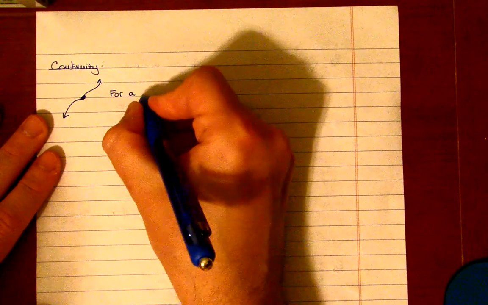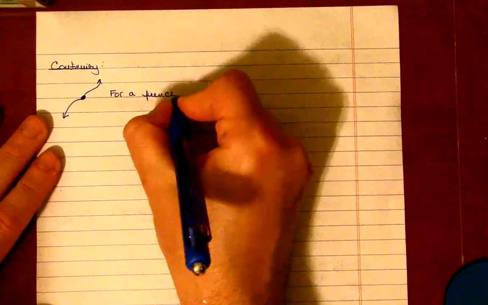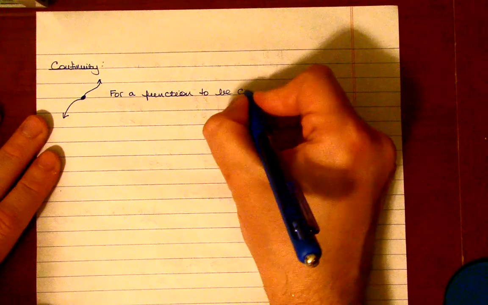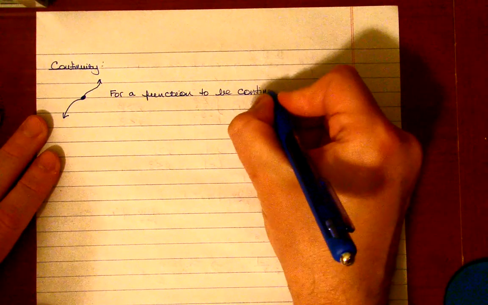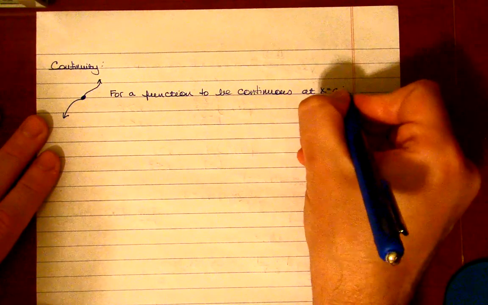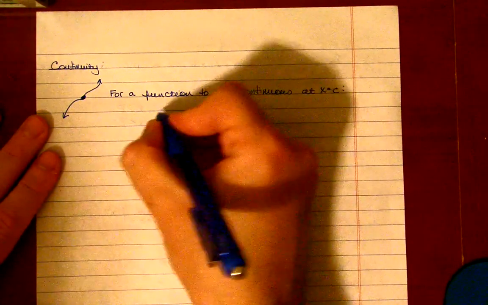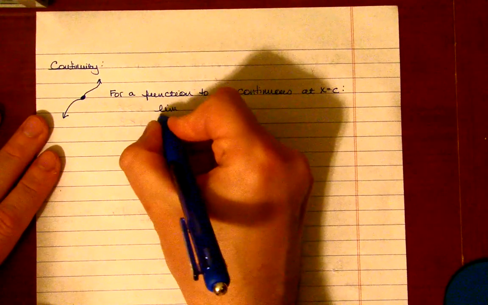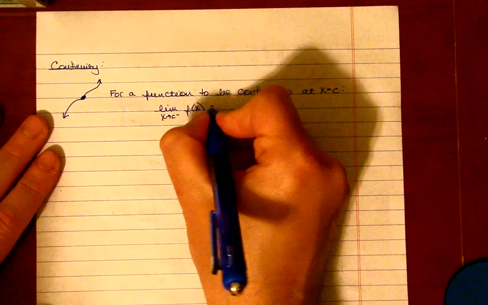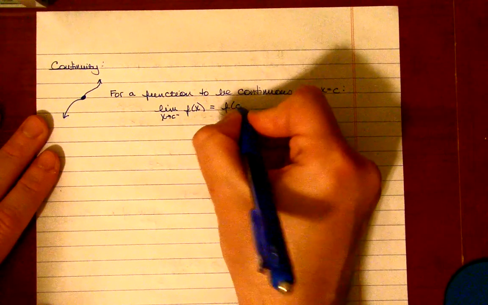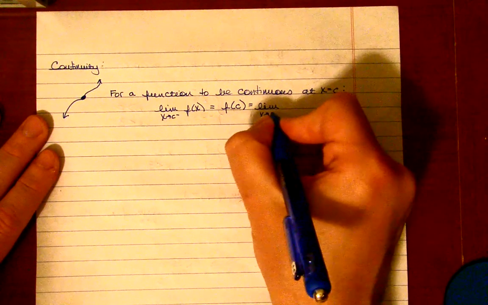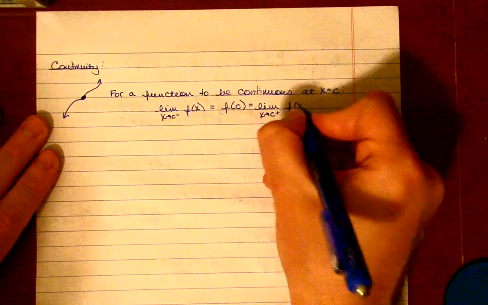For a function to be continuous at x equals c, the following three things must all be equal. The limit as x approaches c from the left of the function must equal f of c, must equal the limit as x approaches c from the right of the function.